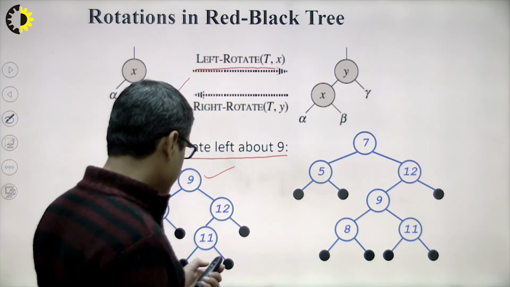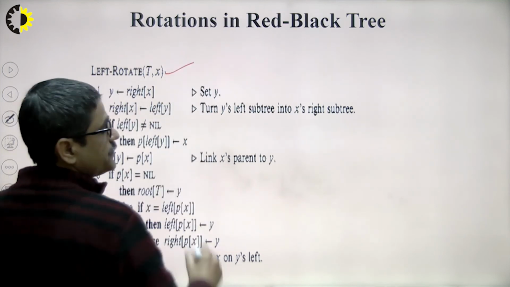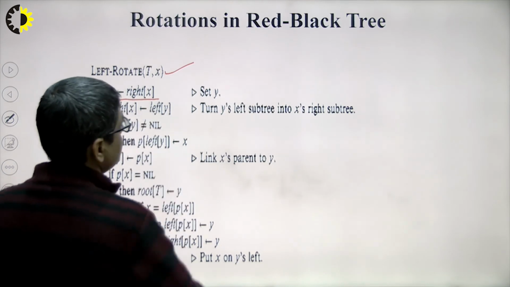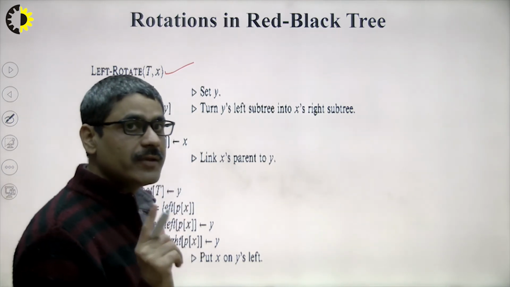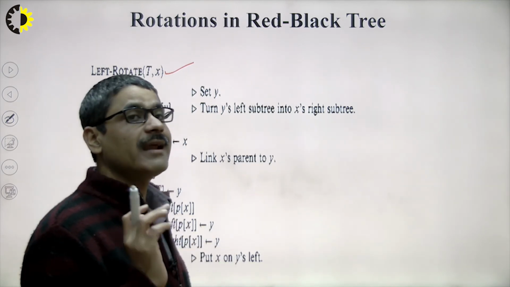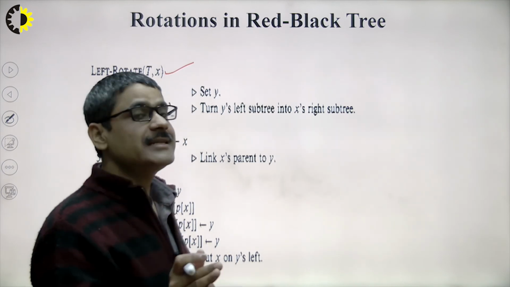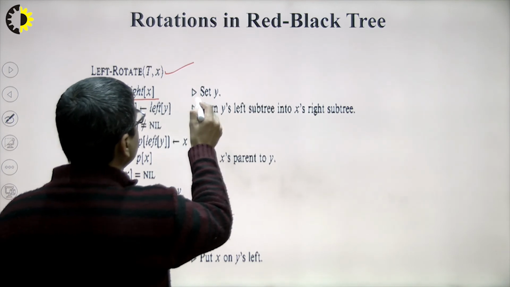Now we have to study the algorithm. For left rotate, the first important thing is y equals right of x, set y, because if right of x is not available, then there is no possibility. Whenever we apply left rotate, it is mandatory that the right child of x is available. That's why we locate y.